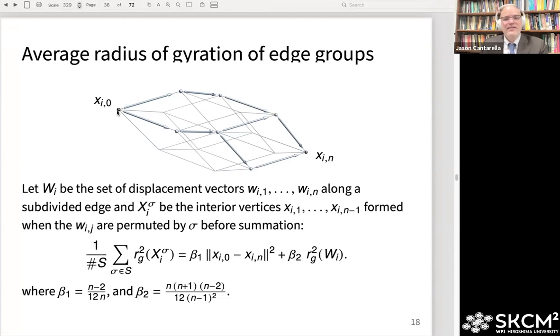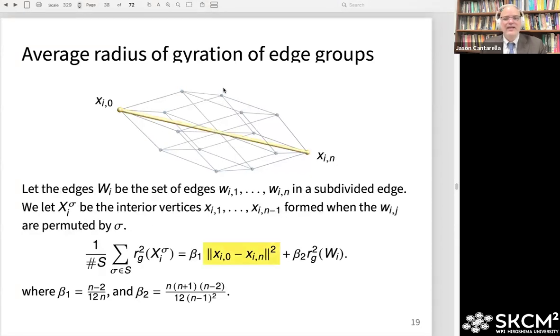And what's interesting about this lattice is that it's highly symmetric. If I were to write out all the points that are visited by all the rearrangements of edges getting from one end to the other, I would get this very symmetric picture. And it turns out that the average radius of gyration of the paths going from one end of this lattice to the other is controlled by two things.